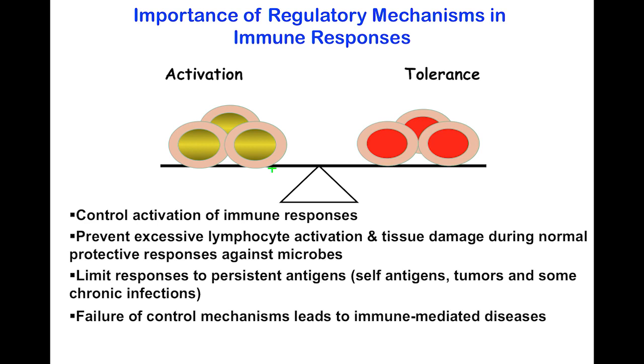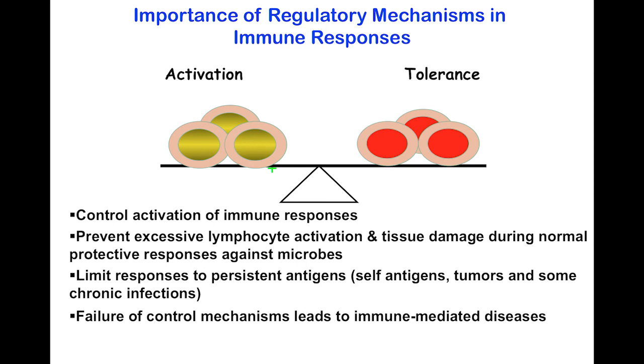You want to have activation of the immune system to defend us against the microbial world and tumors, but on the other hand, we don't want to respond to ourselves. We tolerate our own antigens, a system known as tolerance. So we have this balance so that we get the appropriate activation. You sometimes can have too much of a good thing.